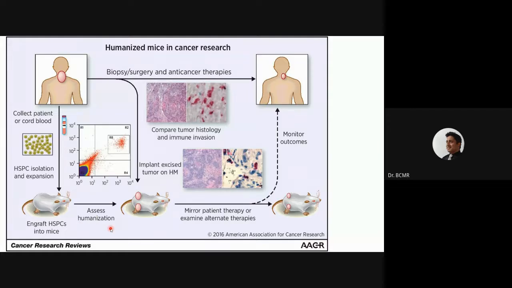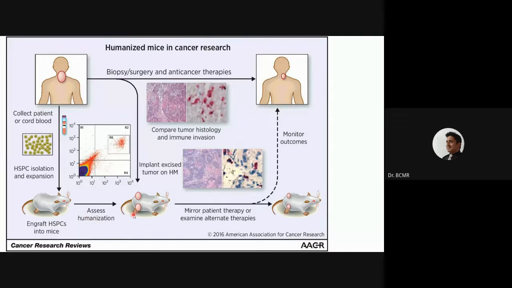That means we should take the cells and check what percentage of the blood contains human tissues. We should also take a biopsy from the tumor and put it into the mouse. So we have a human tumor, human blood, and a human immune system to an extent.